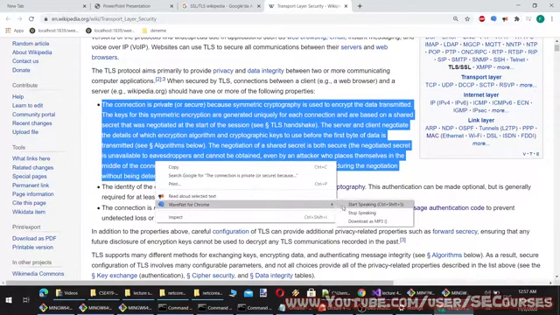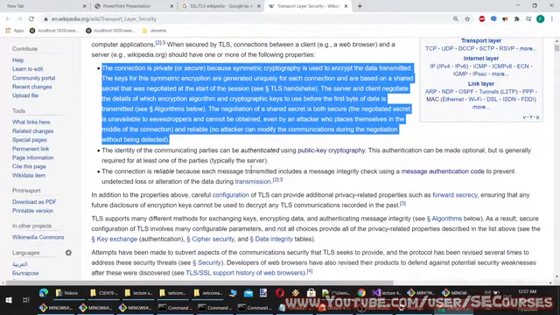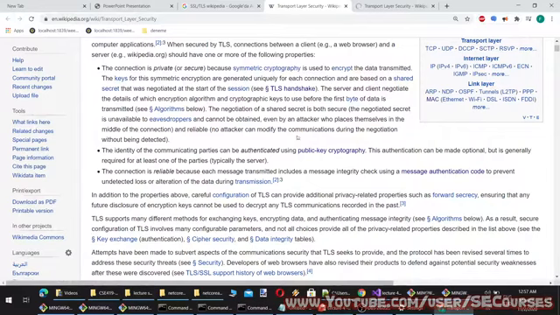Let's finish it. The connection is private or secure because symmetric cryptography is used to encrypt the data transmitted. The keys for this symmetric encryption are generated uniquely for each connection and are based on a shared secret that was negotiated at the start of the session. The server and client negotiate the details of which encryption algorithm and cryptographic keys to use before the first byte of data is transmitted.